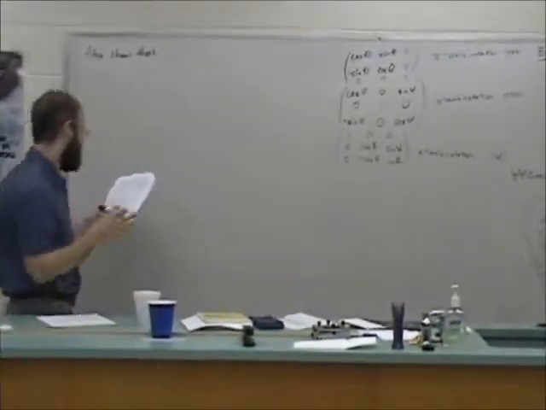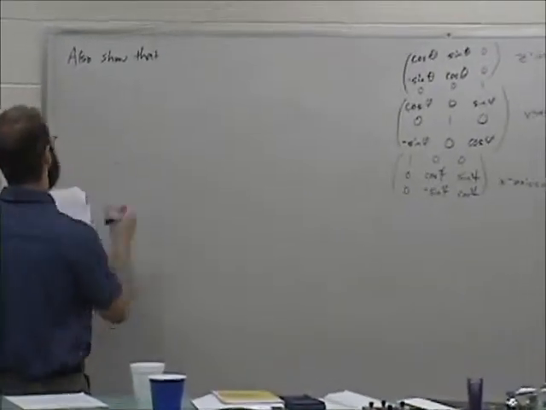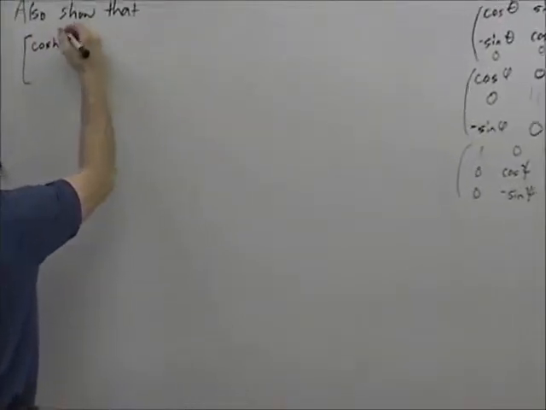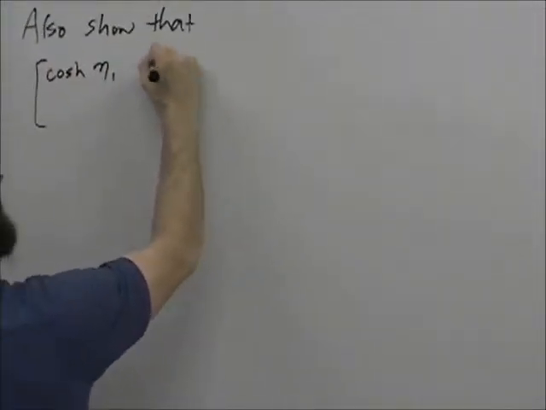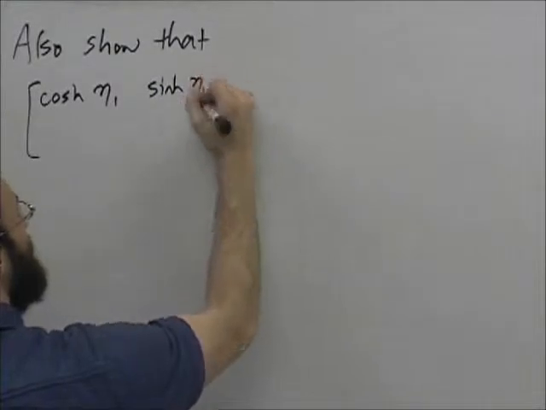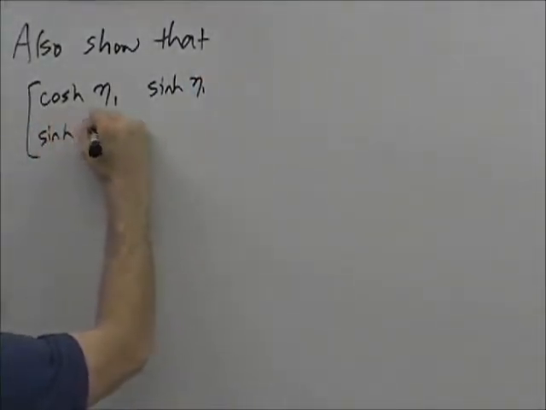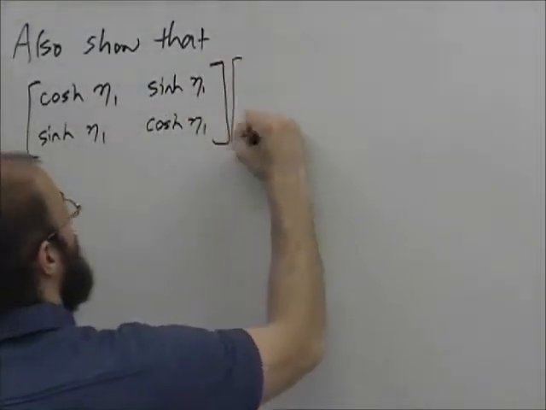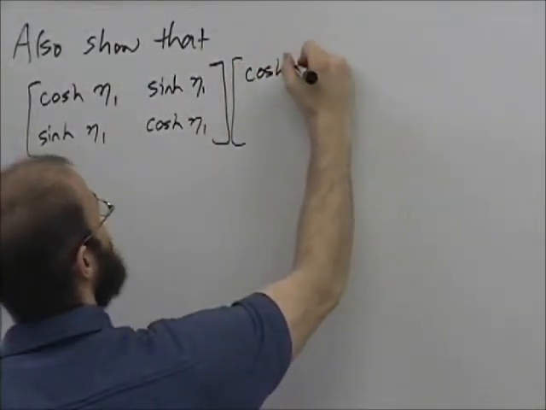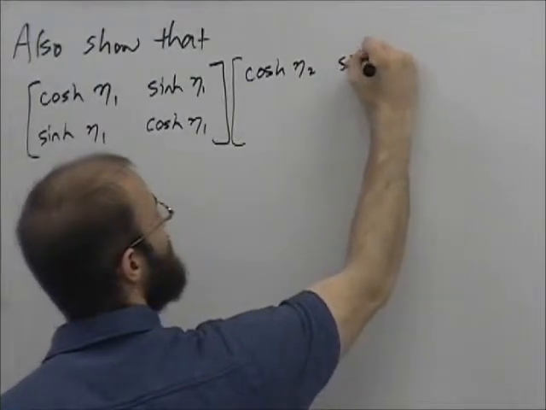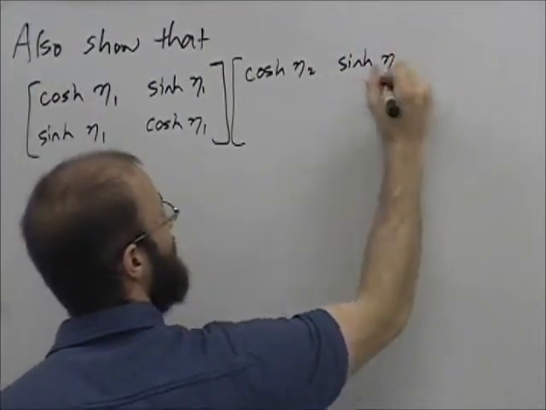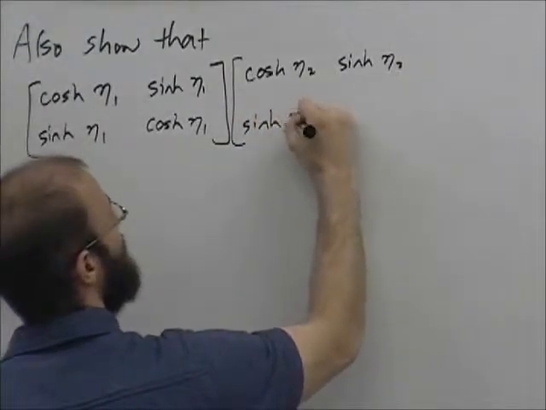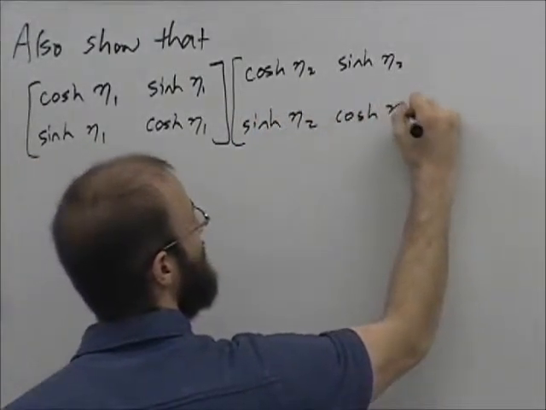And here's something really nice, especially if you're a physicist. Also show that the matrix cosh eta 1, sinh eta 1, sinh eta 1, cosh eta 1 times the matrix cosh eta 2, sinh eta 2, sinh eta 2, cosh eta 2.